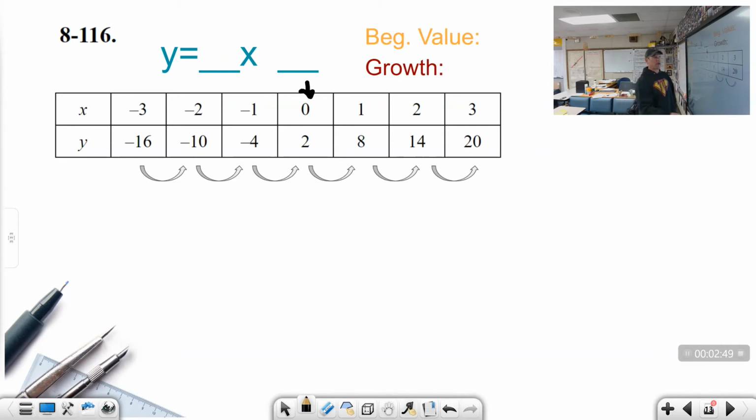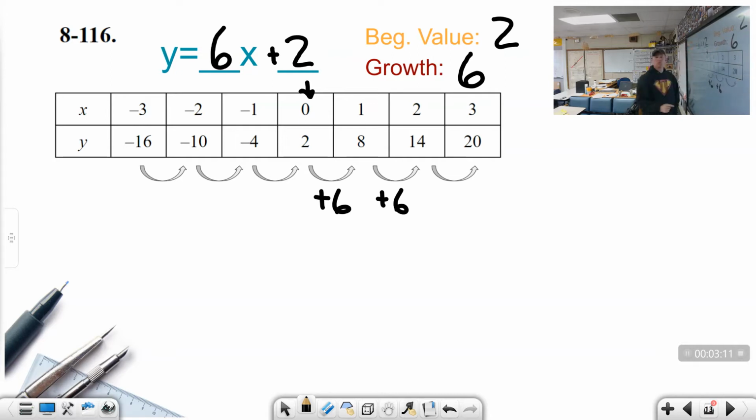Okay, notice my beginning value here is 2. And then I'm focusing on my growth. What does it take to go from 2 to 8? Well, that's plus 6. Is that true from 8 to 14? Yes, it is increasing in a similar way. I notice that my growth is 6, and that tells me my rule.